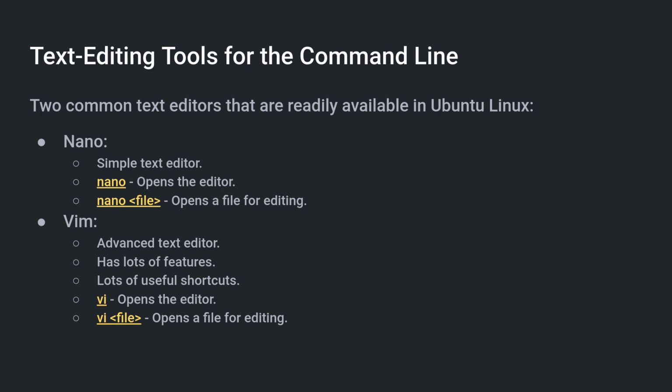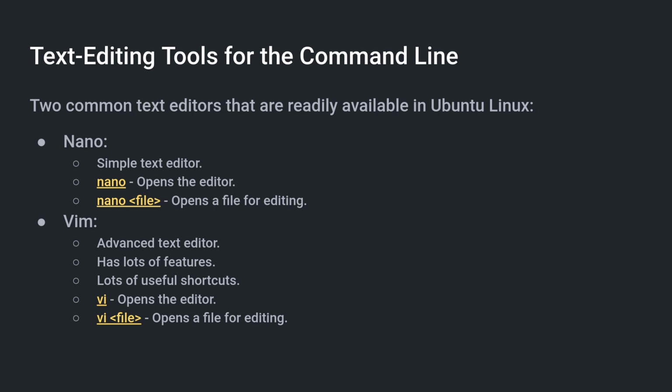And so when you type nano, it opens the editor. You can type and then save a file somewhere containing the content, or you can open a file that's already existing and open it for editing.